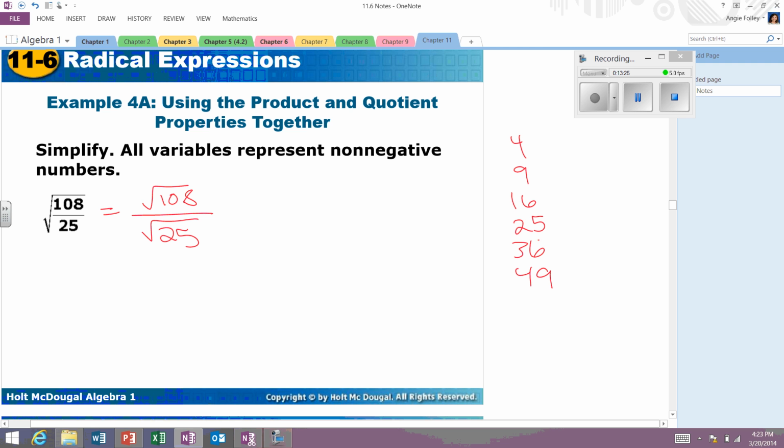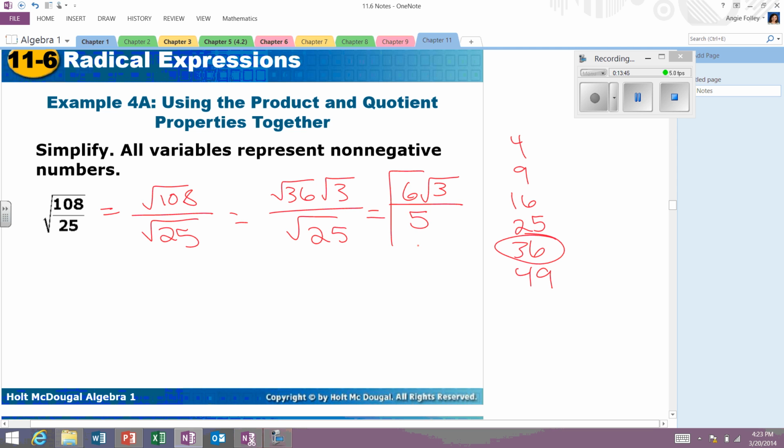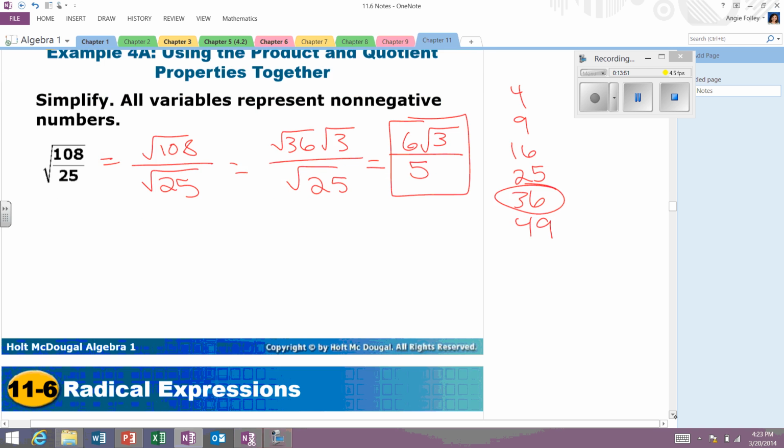If you were to check, 36 goes into this 3 times. So I can split 108 up into 36 and 3. And then I still have the square root of 25. Now I can simplify the square root of 36 and make it just 6. The square root of 3 stays, and my bottom, the square root of 25, becomes 5. Okay? Again, we're good because there's no square root in the denominator.